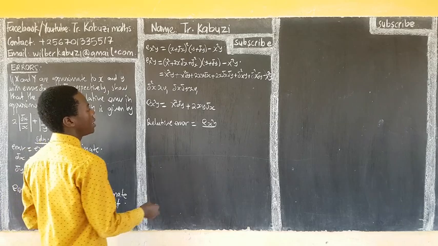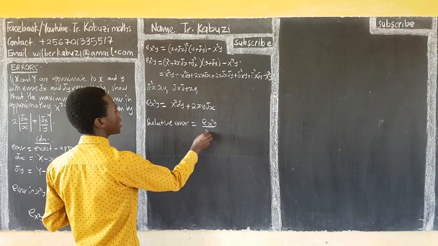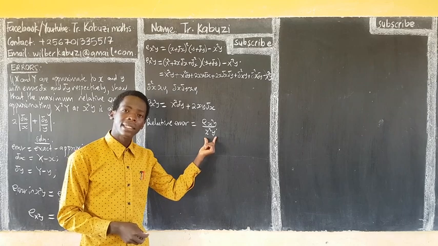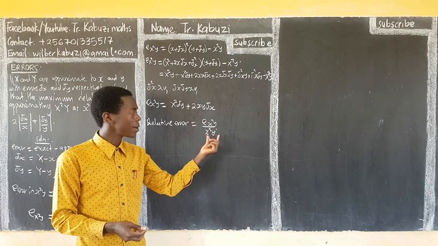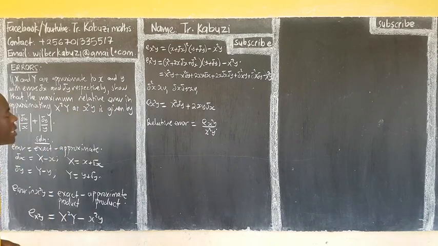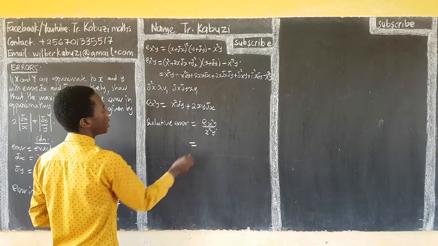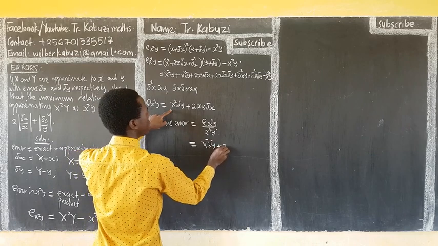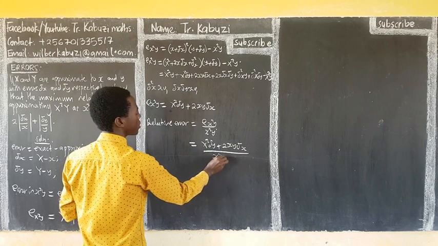So that's why I'm going to divide here with our approximate, which is x squared y. Because always when you measure something, you get the approximate. What you have immediately is the approximate, not the exact. That's why I'm dividing with the approximate value there. So I'll get x squared delta y, then plus 2xy delta x, the whole divided by x squared y.